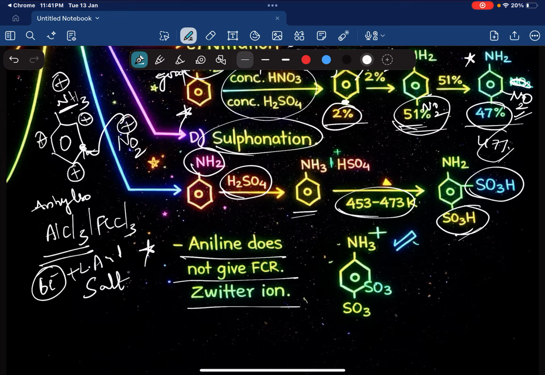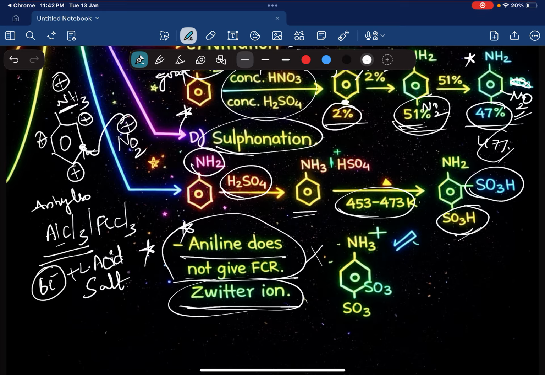Aniline is a Lewis base. So aniline with AlCl3 forms a salt instead of alkylaniline or haloaniline. That's why aniline doesn't give Friedel-Crafts reaction. You can simplify it as: aniline gives salt with AlCl3, so it doesn't give Friedel-Crafts alkylation or acylation. So that's the final reaction.